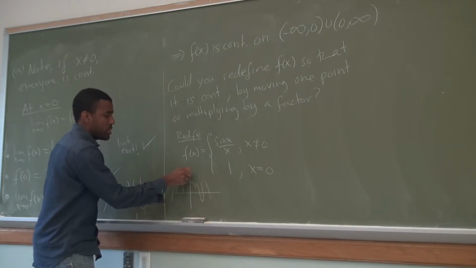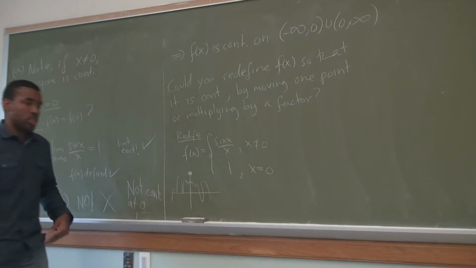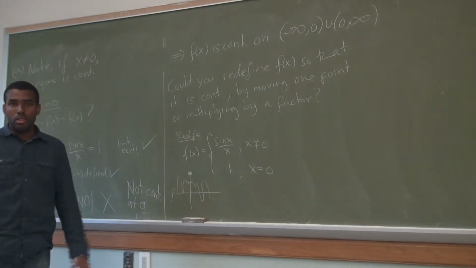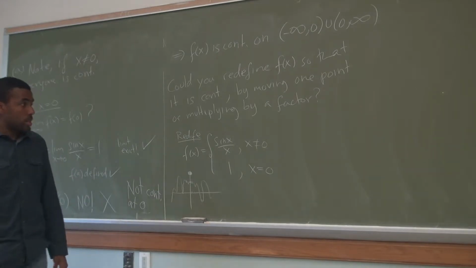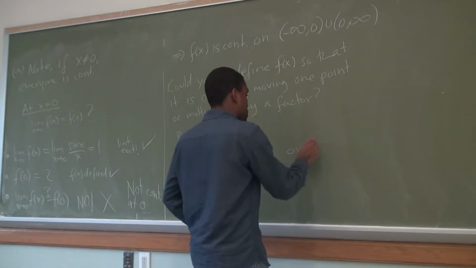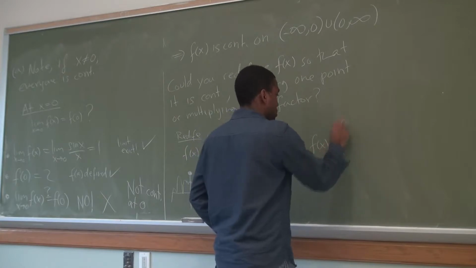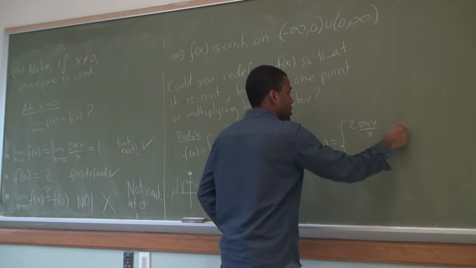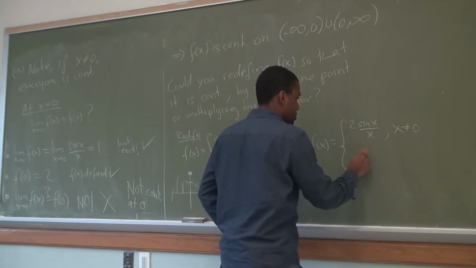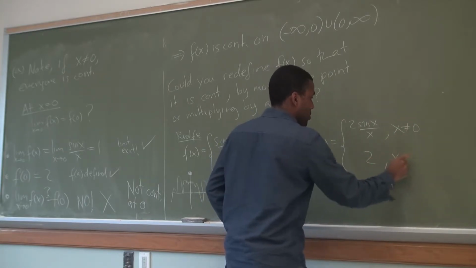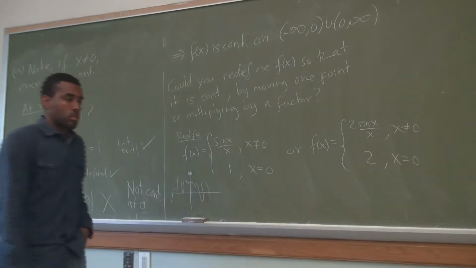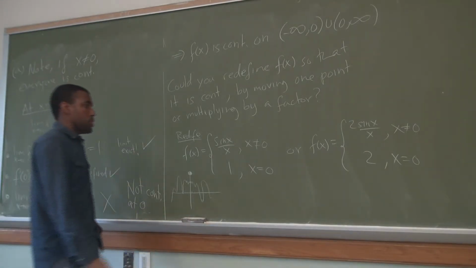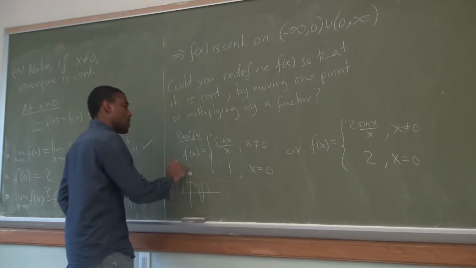But at this point, your function was defined here. So what you can do is, since that point is the problem, just take it and put it down here. That's one option. On the board, you could have also done something like just multiply this guy by a 2. But this one is really the main one.